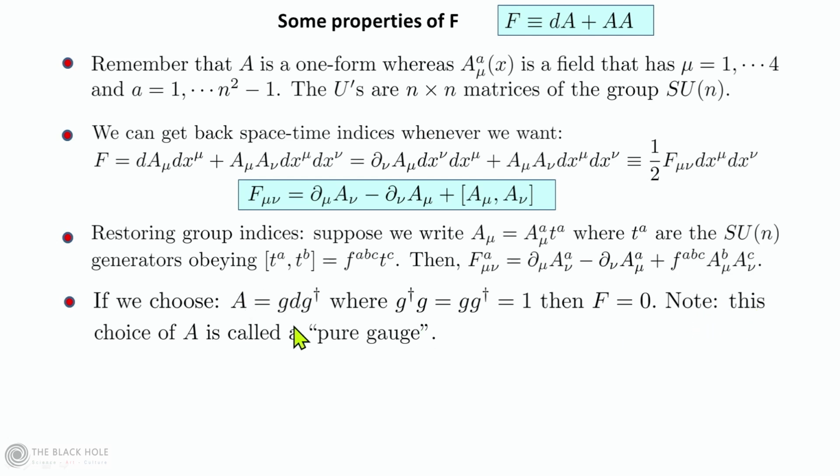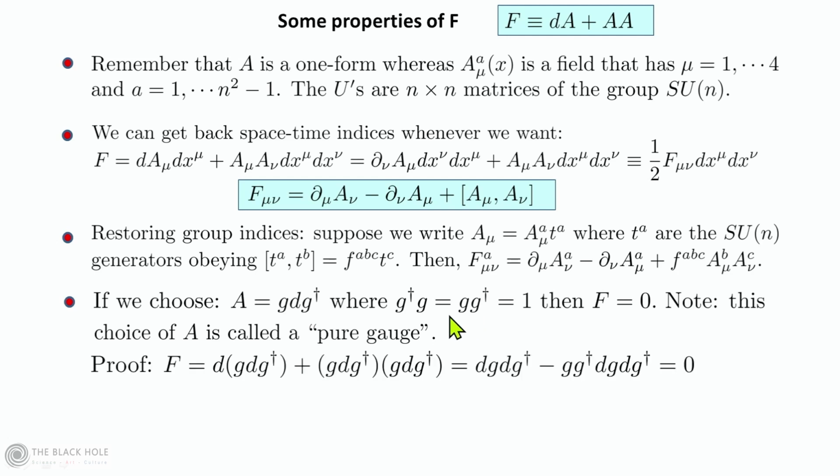When you write A in this form, matrix d matrix Hermitian conjugate, then this thing is called a pure gauge. Now, this needs to be proved. It's easy to prove.